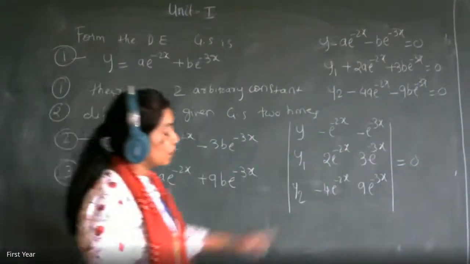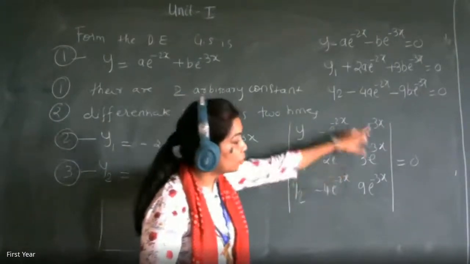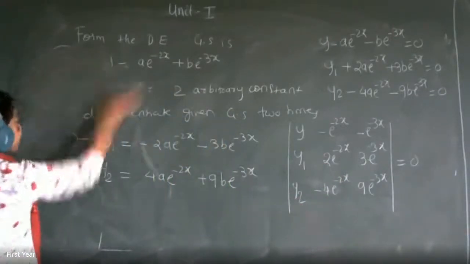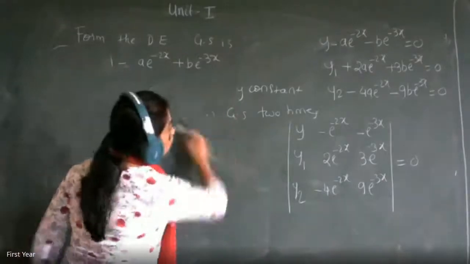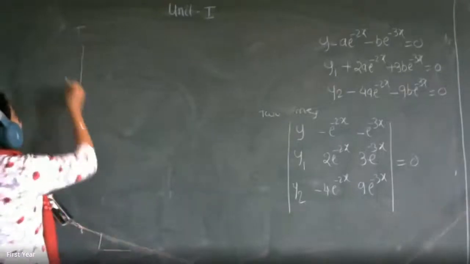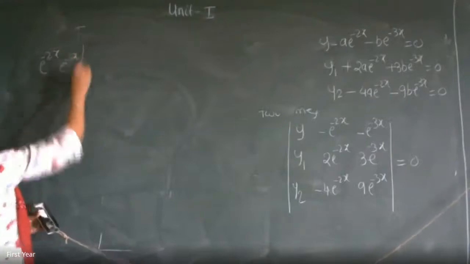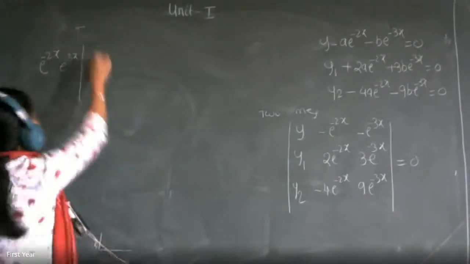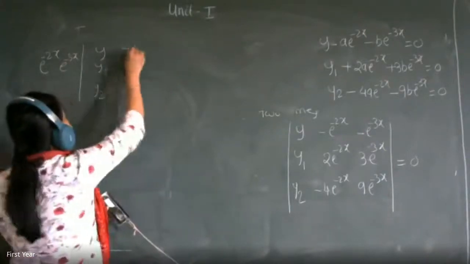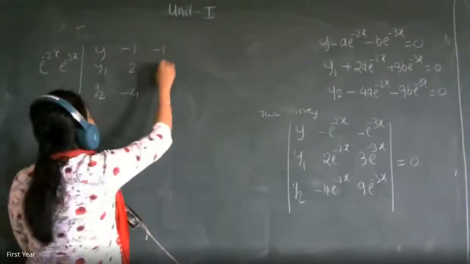From this determinant, you can take common terms: e^(-2x) and e^(-3x). Taking them common, e^(-5x) remains outside. Inside we have y, y1, y2, then minus 1, 2, minus 4, then minus 1, 3, 9.